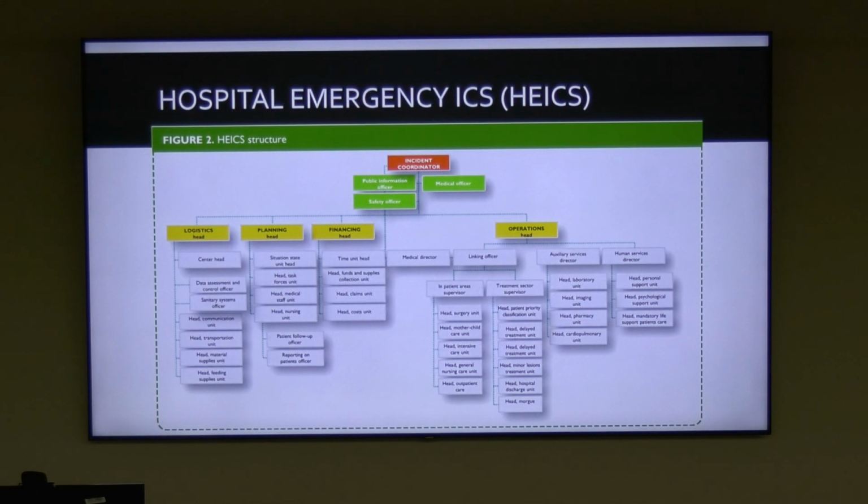So the logistics head obviously has the data assessment and control officer, but it also has things like a sanitation systems officer, a communications unit head, a transportation unit head, a material supplies unit, and a feeding system unit head. One thing that we don't think about is, if a disaster hits a hospital, how do people communicate with one another?